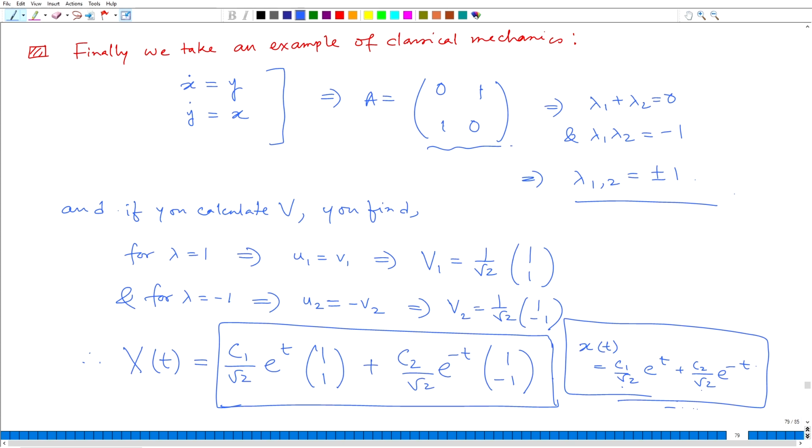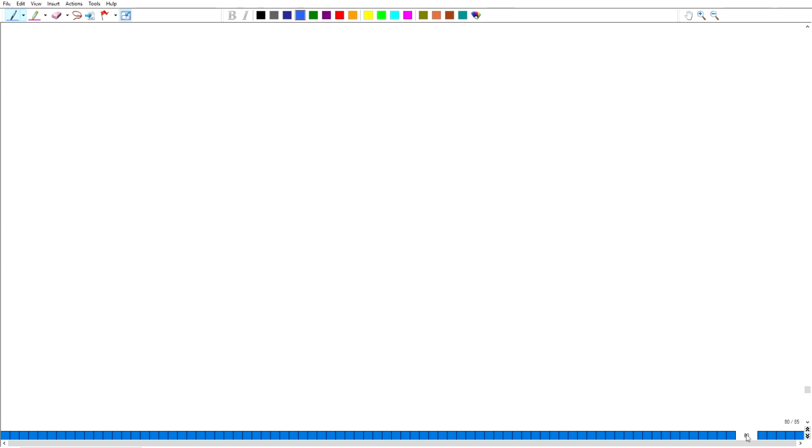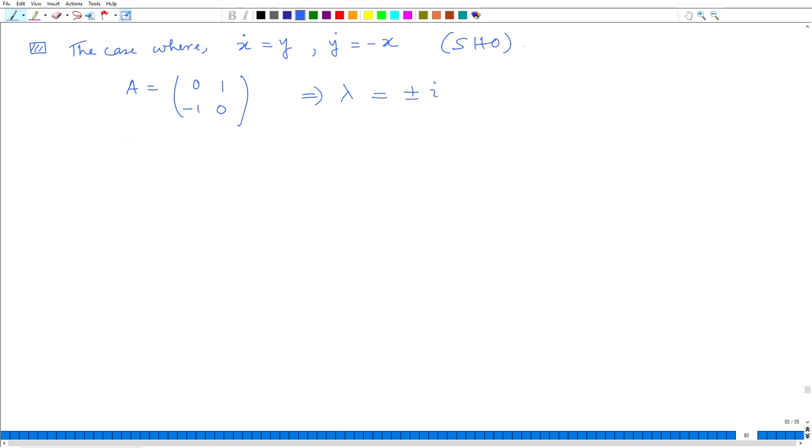Now, I can also write the case where x dot is equal to y and y dot equal to minus x. So, this is the simple harmonic oscillator, okay, classical mechanics, and we have A is equal to [0 1; minus 1 0], and that is why lambda you can write is plus minus i.